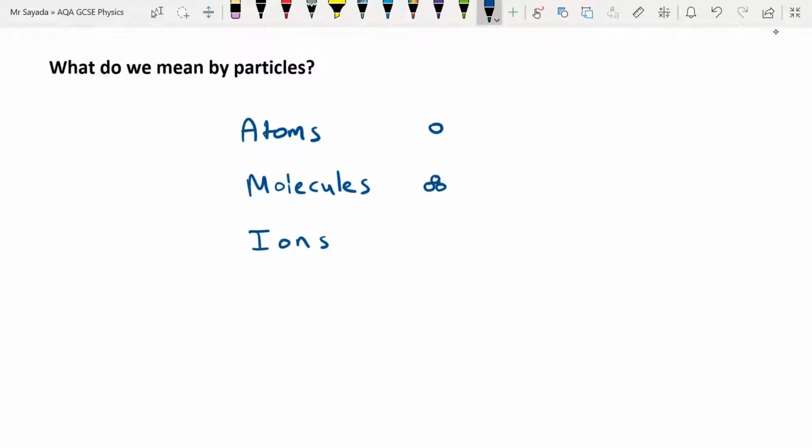So for example, a molecule made of 3 different atoms. I'm talking about ions, which might have lost or gained electrons, but I'm just talking about these little tiny pieces of matter. So if I'm talking about the particles in pure copper, I might be talking about ions. If I'm talking about the particles in pure water, I might be talking about molecules. But either way, I'm talking about particles, little tiny bits of matter.